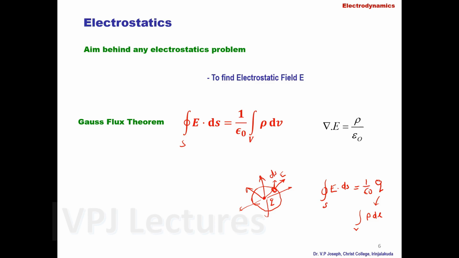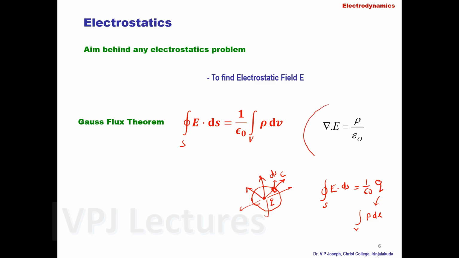Now we have one more form for this equation, that is the point form or differential form of this particular equation, that is del dot E is equal to rho by epsilon 0.